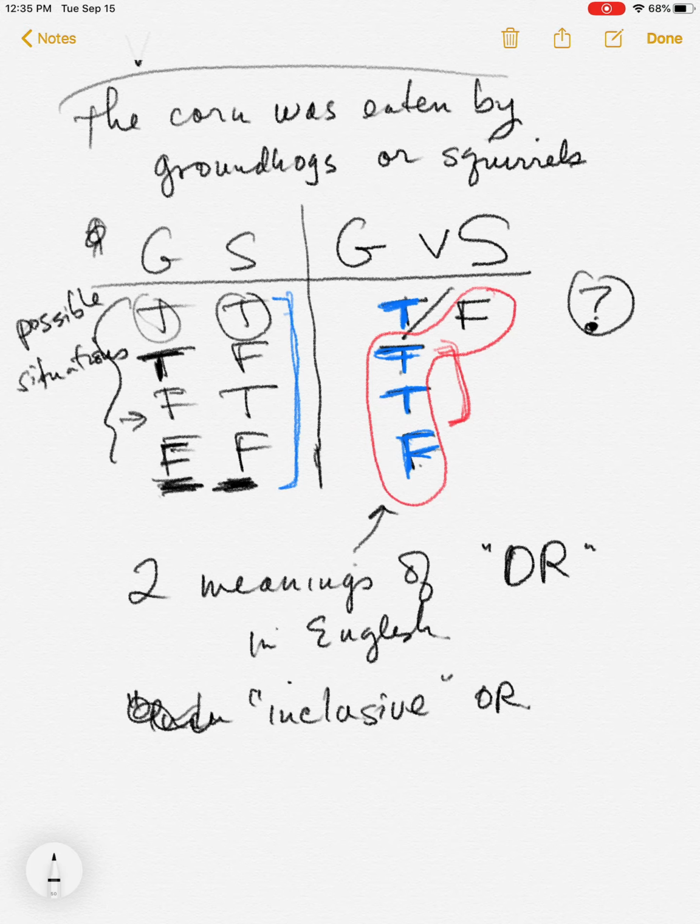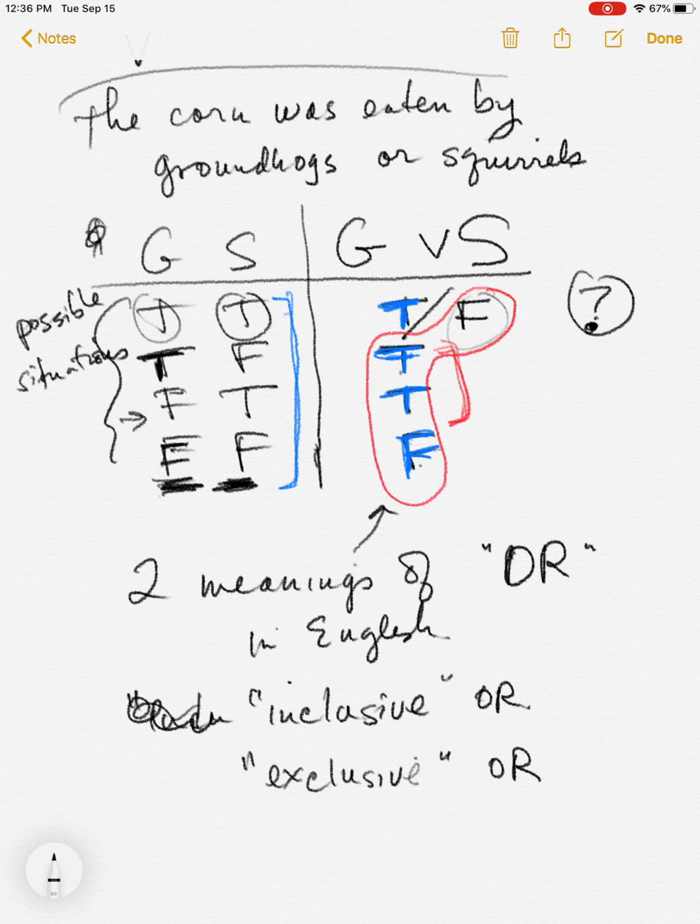And then there's another meaning of or in English, and that is the exclusive or. And that is what I've got circled in red here, where what we mean by the exclusive or is that exactly one of the disjuncts is true in order for the disjunction to be true. So we'd put a false here.